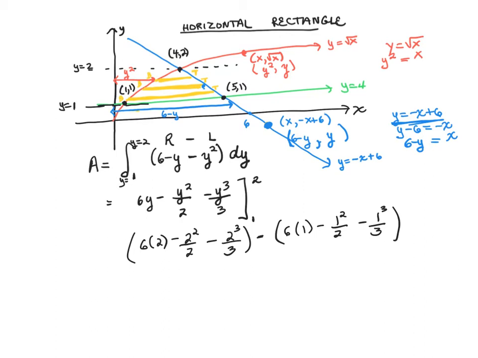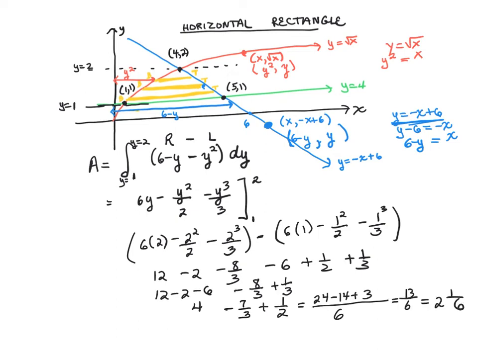Let's try it. We get 12 minus 2 minus 8/3 minus 6 plus a half plus a third. I distributed the negative. And now let's combine and see what we get. So working it all out and combining the integers and the fractions, we do get 2 and 1/6.